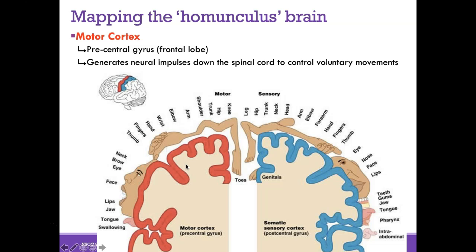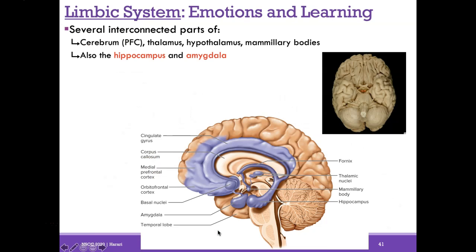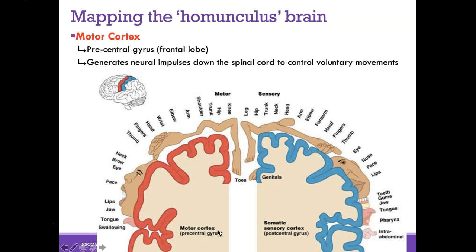When you think about moving your fingers, these neurons are going through the spinal cord, through spinal nerves that control your fingers and help you move. If you were to then prick your finger, a sensory neuron would go back through the spinal cord and trigger action potentials over here in the somatosensory cortex.